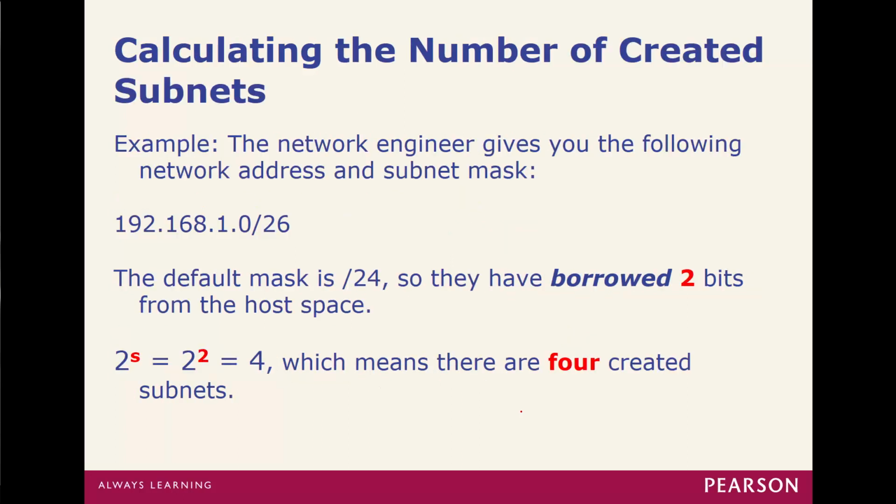That gets a little bit confusing, so let's go over that one more time. If we're borrowing 2 bits, we'll move to a /26. 2 to the power of 2 is 4, so we'll have 4 networks.